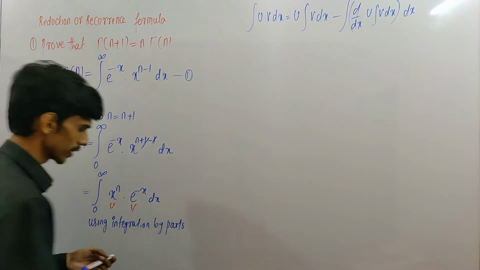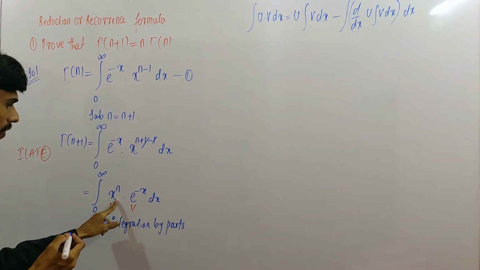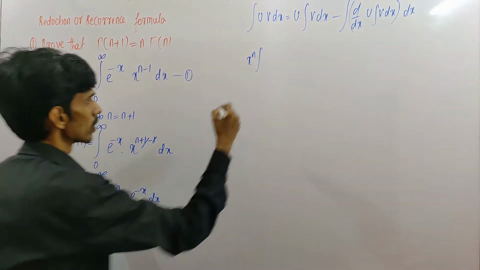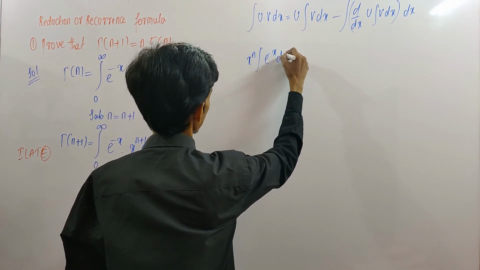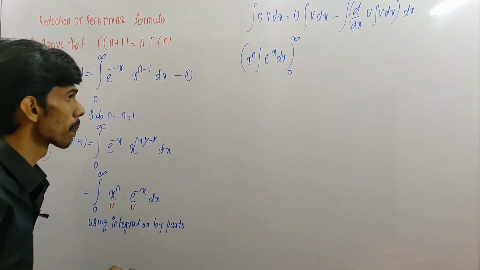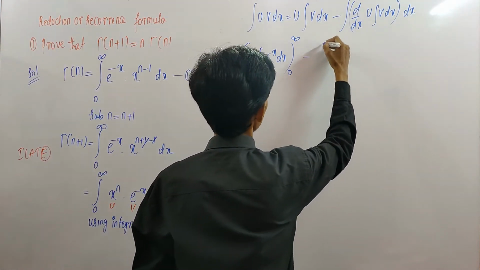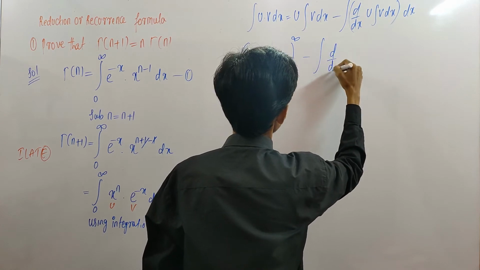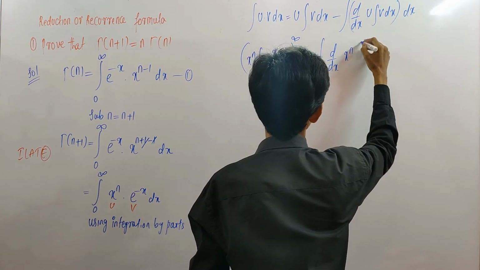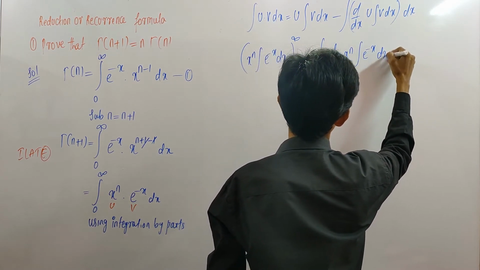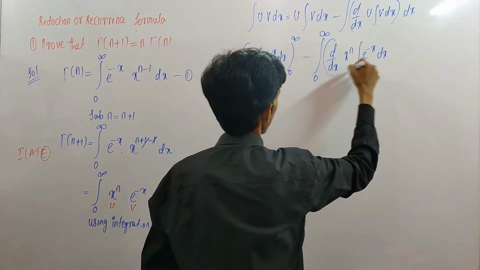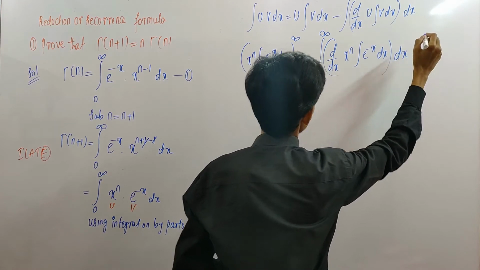Now let us apply integration by parts. Leaving the first function x power of n, integrating the second function e power of minus x dx, with limits 0 to infinity, minus the integration of d by dx of x power of n times the integration of e power of minus x dx, where the limit for integration is 0 to infinity, whole dx.